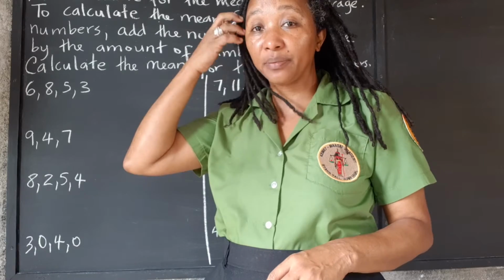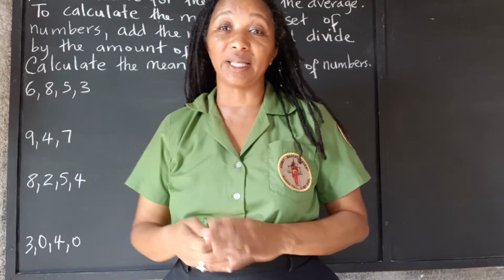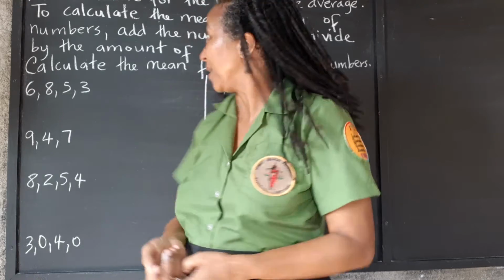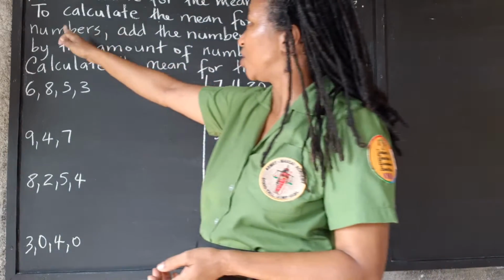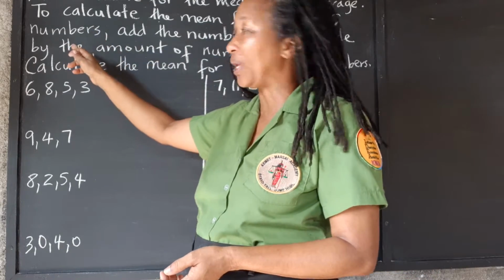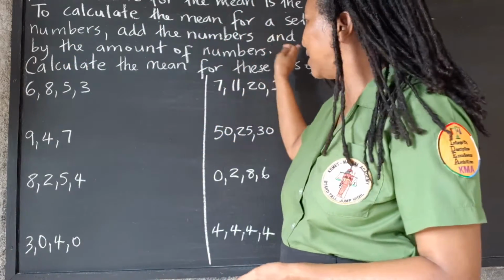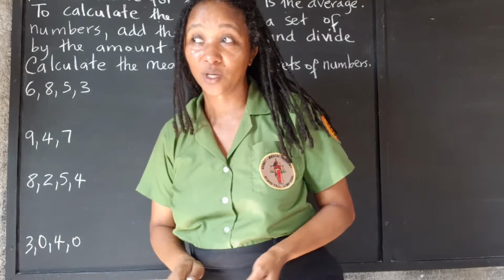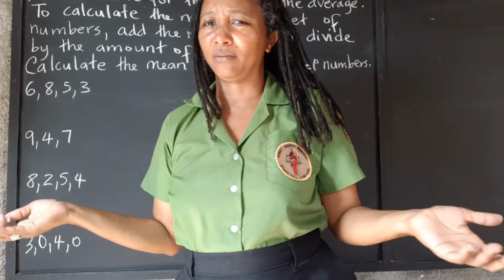So the mean, another name for the mean is the average. To calculate the mean for a set of numbers, we add the numbers and divide by the amount of numbers. So what does that mean?